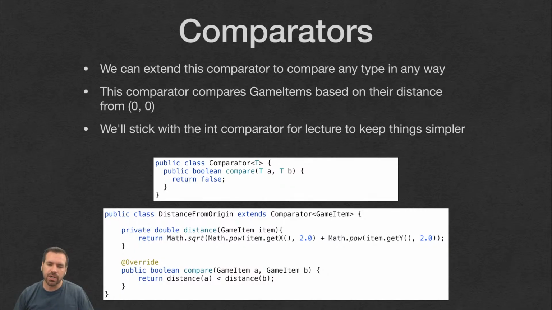So we could add a constructor that takes a reference to a player, store it in an instance variable, then update our distance method to subtract the player's x and the player's y, and then get the distance to the player from this distance method, and then we're sorting all of our game objects in terms of distance to the player. So anything you can think of, I want to sort by whatever, we can write a comparator that's going to do that.